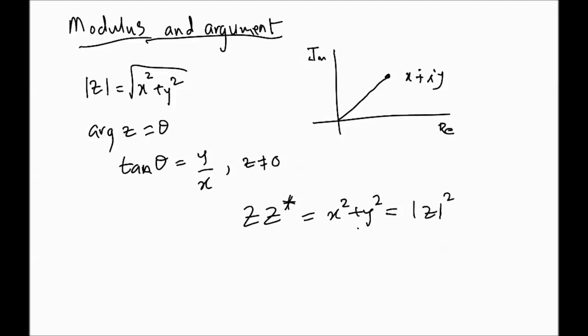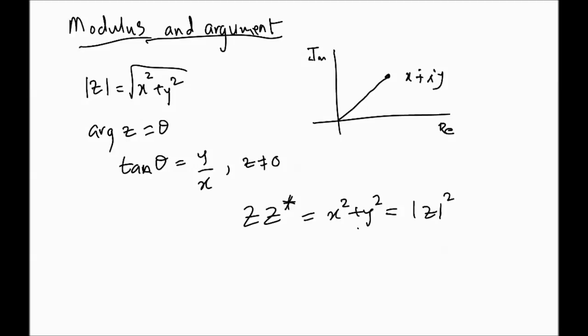That's an interesting thing to keep in mind. You will notice a lot of similarity with vectors if you've already studied them: it looks very much like the relationship between the dot product and the norm.